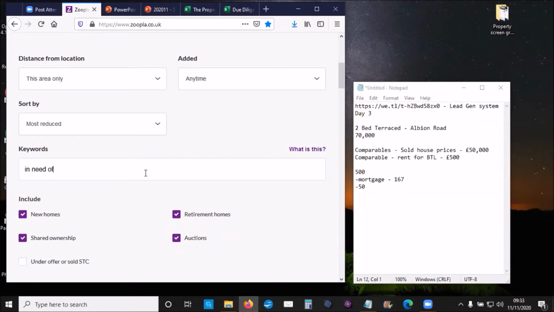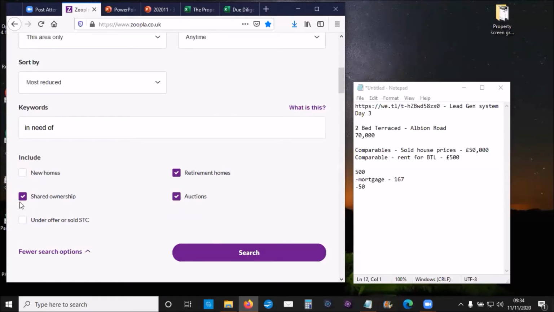Now, the words "in need of" don't really mean anything on their own, but in general, when you see the words "in need of," it usually is followed by "in need of modernization," "in need of refurbishment," "in need of repairs." So if I type in "in need of," I am hoping that they will show me listings of properties that are in a state of disrepair, okay?